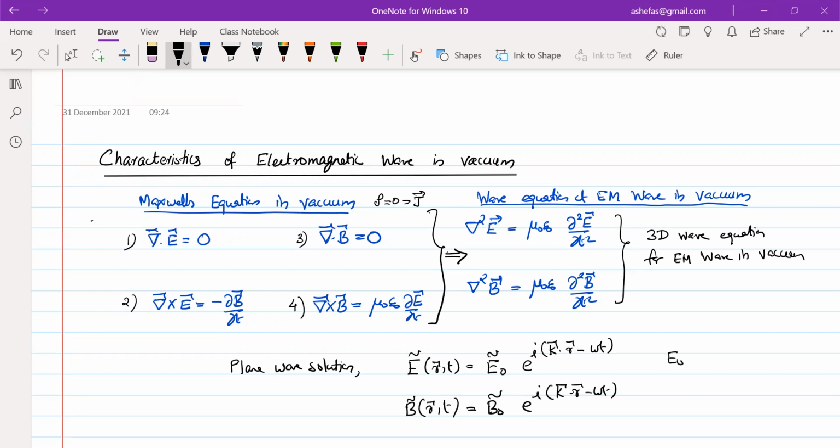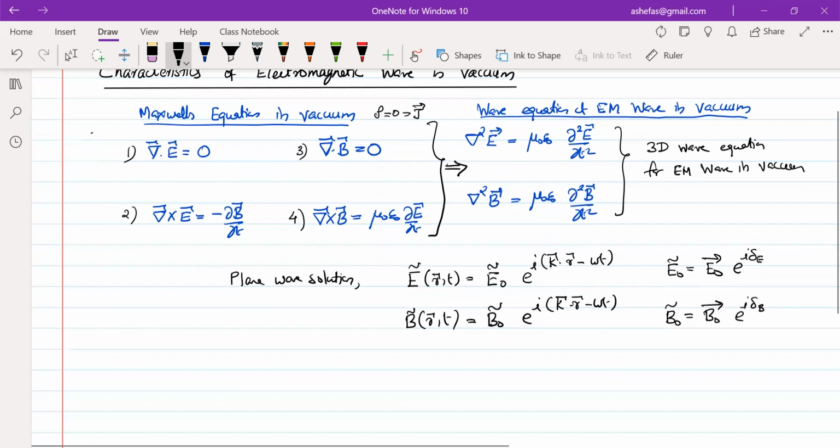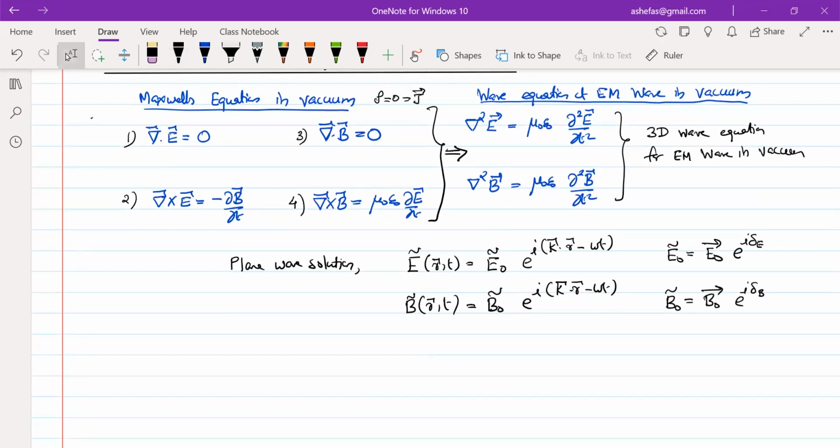Now this E0 tilde is called the complex amplitude, which is vector E0 times e raised to i delta E, where delta E is called the initial phase of the electric field. B0 tilde is again called the complex amplitude of the magnetic field, with vector B0 e raised to i delta B. Now using Maxwell's equations, we can find the characteristics of this plane wave solution.